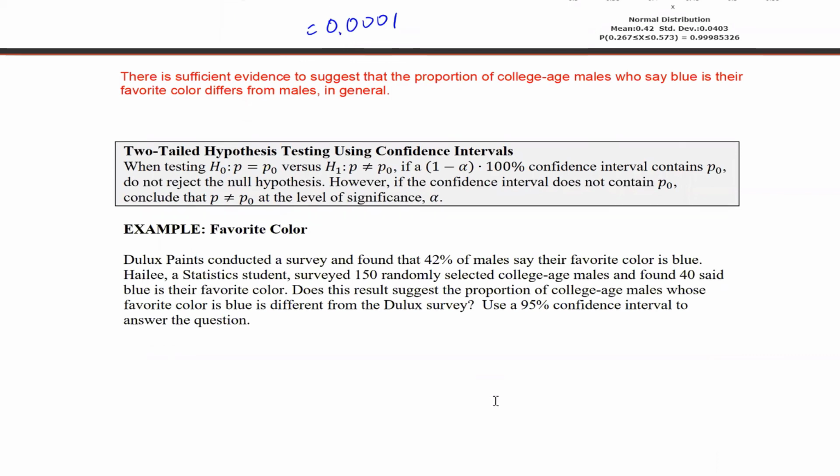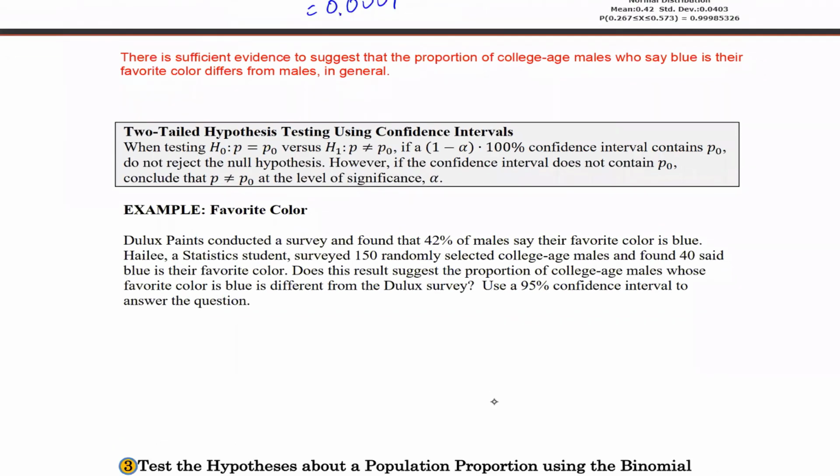So for this deluxe paint scenario, remember we said the null is that p equals 0.42 versus the alternative p is different from 0.42. Let's use a 95% confidence interval to test this hypothesis. We already went ahead and verified the normality requirement, so all we have to do is construct the interval now.